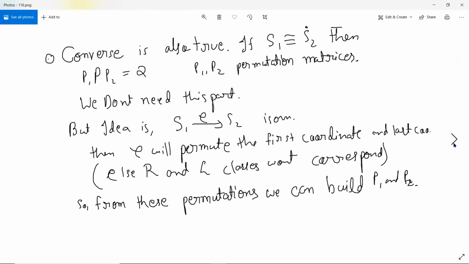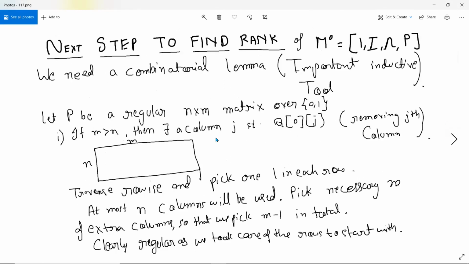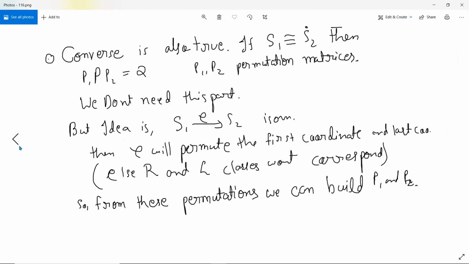So from this we can build the permutation matrices and so on. But we will not need that, in the sense that we will just work with the simplest member in the isomorphic class, which we just use as gotten by permutation.